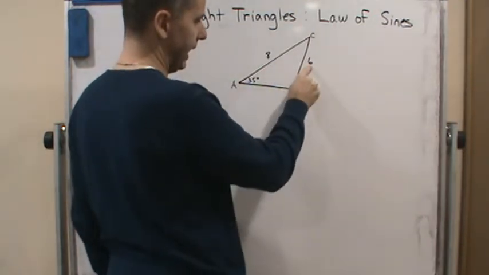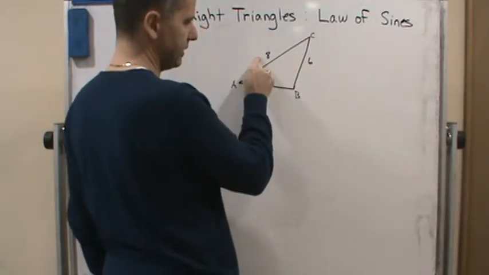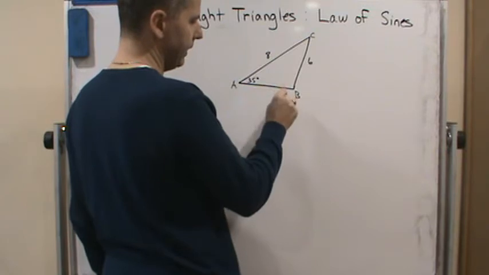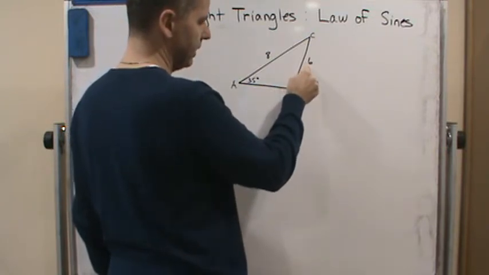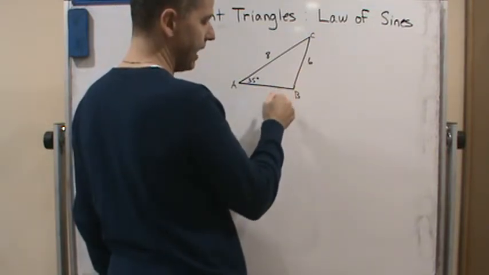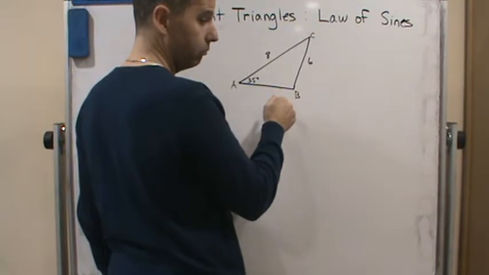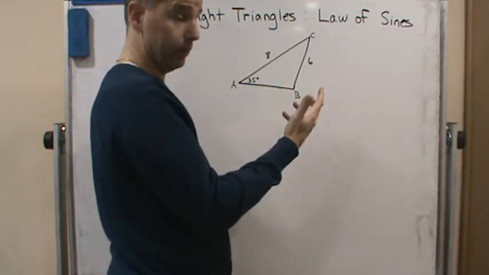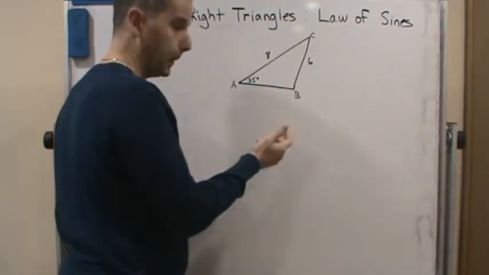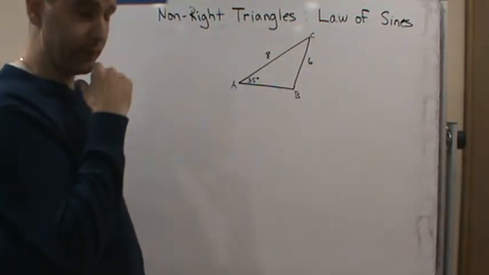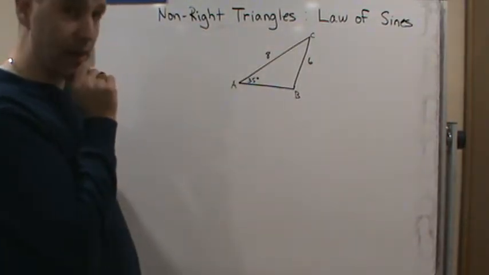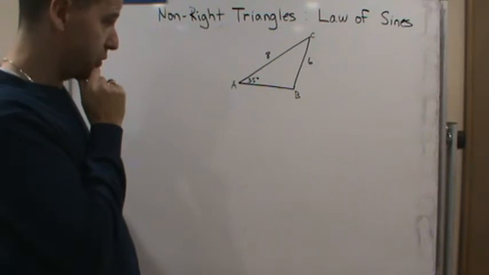Because A is less than B, this side is less than this side. And I need to know, is this less than or greater than the altitude? Because if it's greater than the altitude, then I have two possible solutions.